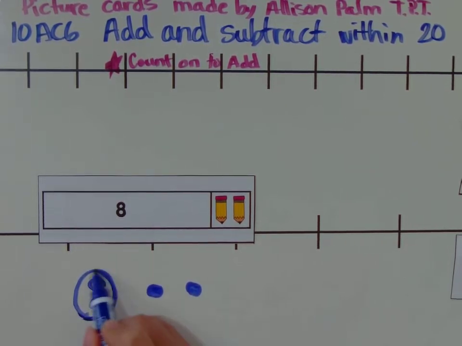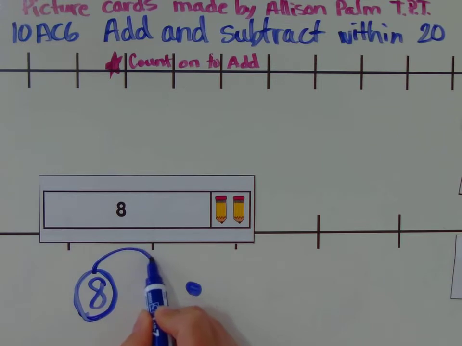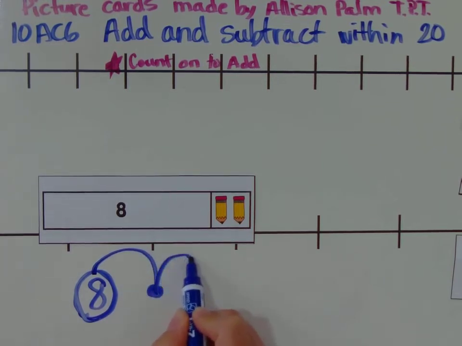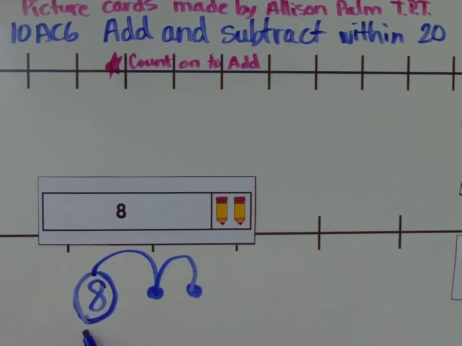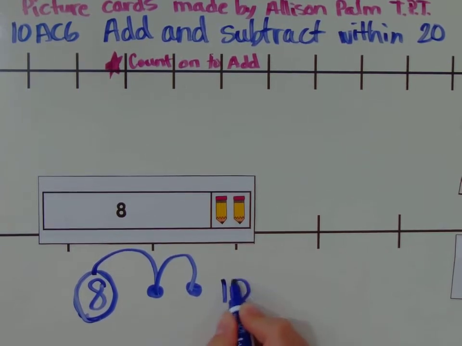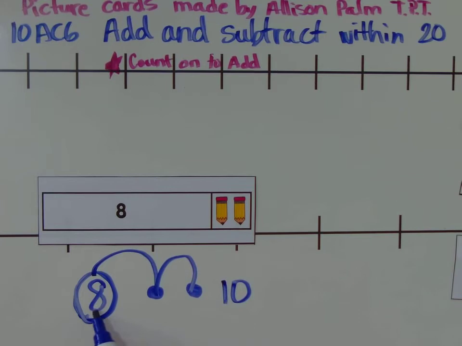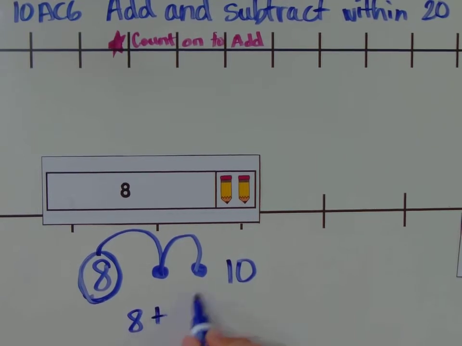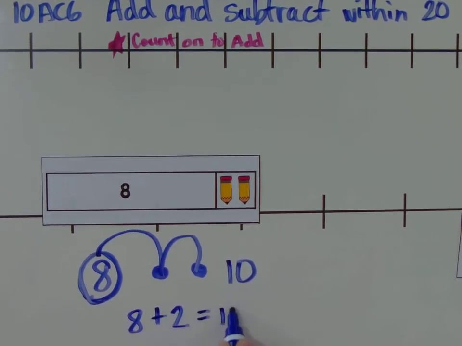We do 8 and count on after that. 9, 10. So 8 and 2 jumps equals 10 altogether. So the first part we had was 8 plus 2 jumps gives us a whole or total of 10.